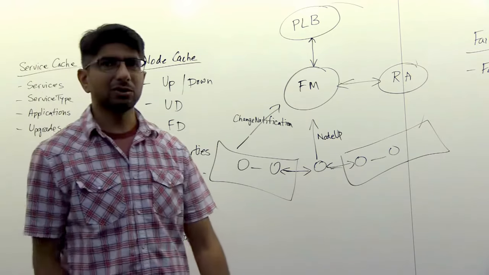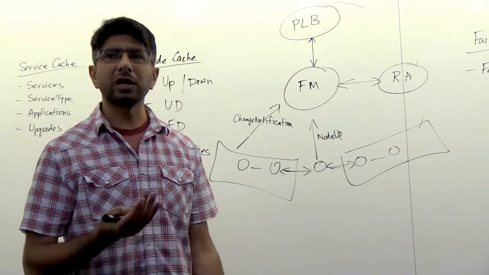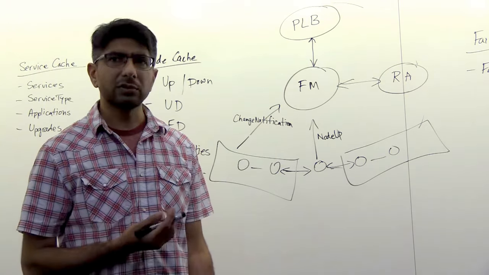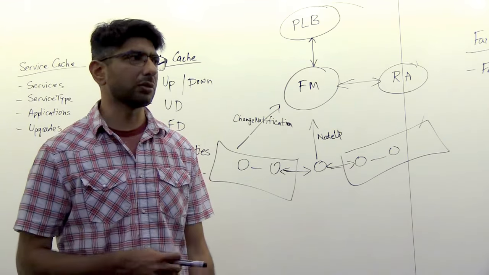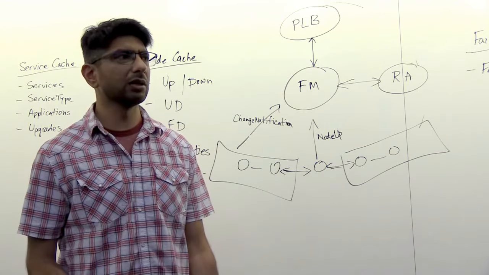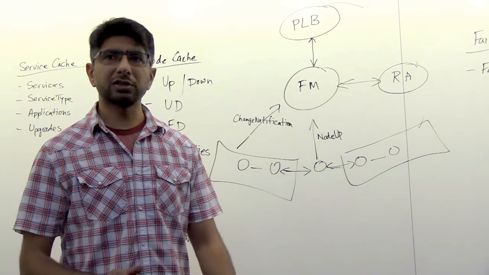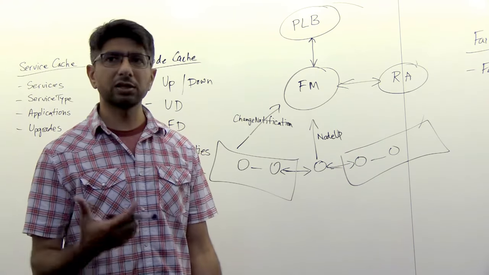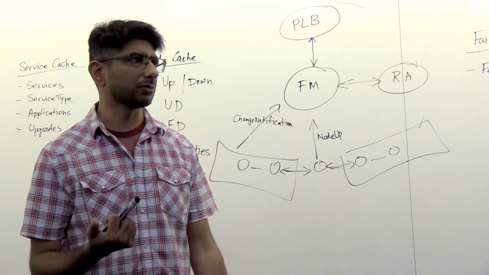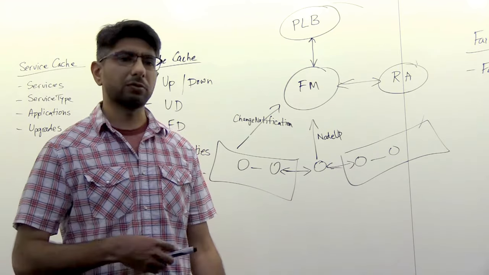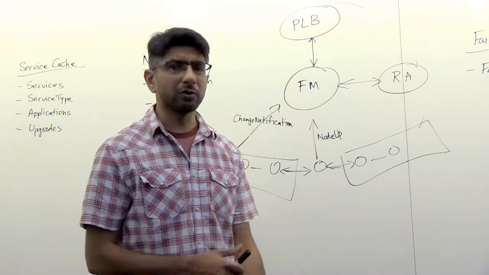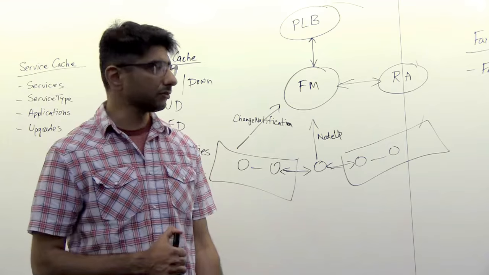Then it gets back a few candidates from the PLB, and among those it picks one randomly. Most of the time, everything is healthy, so the new primary is just random among the set of secondary replicas, or the first one in the list. We pick that as the new primary.